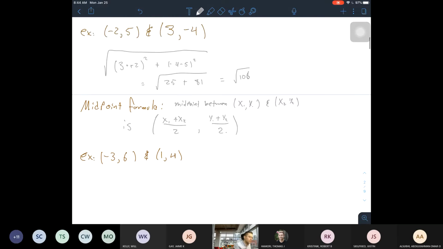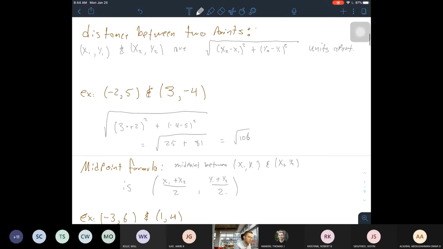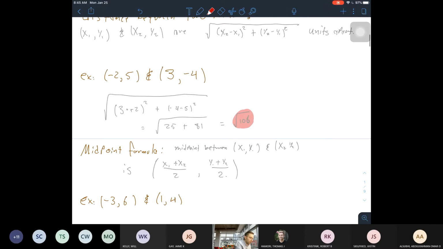Okay, some students get these two formulas mixed up, the distance between 2 points and the midpoint formula. But you'll always be able to tell whether you've used the wrong one, because they result in different things. If we take the square root for the distance formula, at the end we're going to get a number, which distance is quantified by.